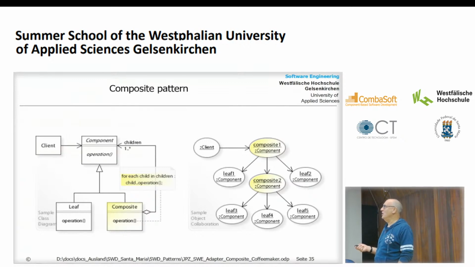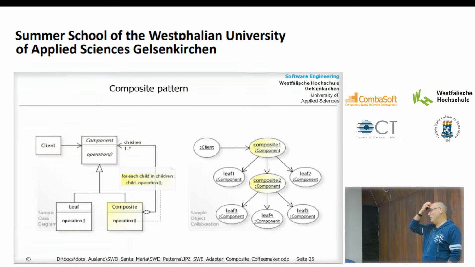On the other hand it does consist of one to many children. So at the end you have a structure like this. You have a composite 1, which consists of one leaf, another leaf, and another composite, and this other composite contains leaf 3, 4, and 5.